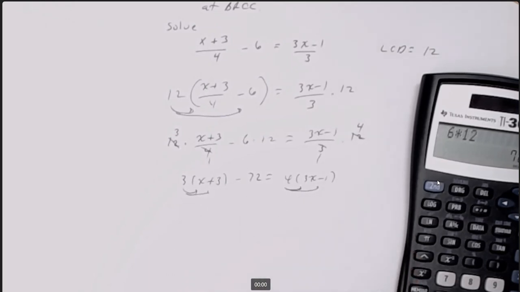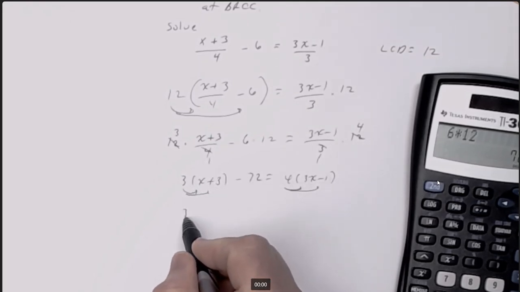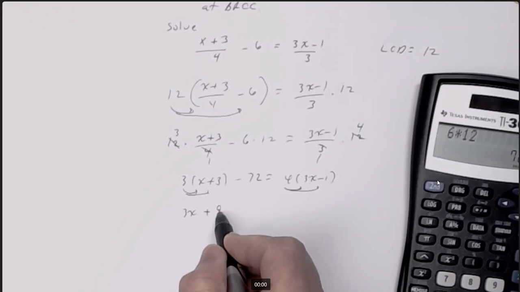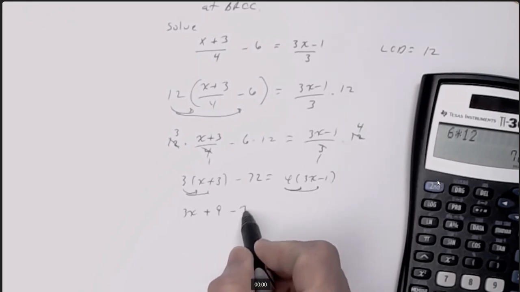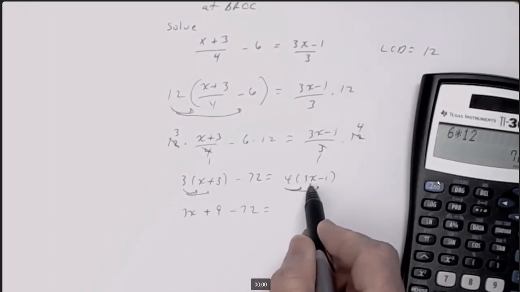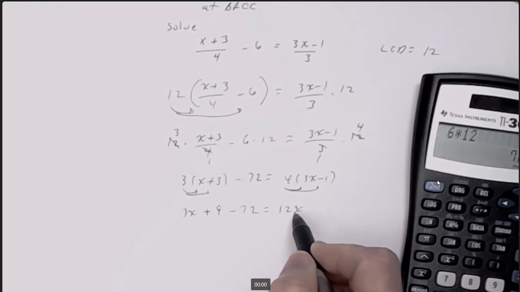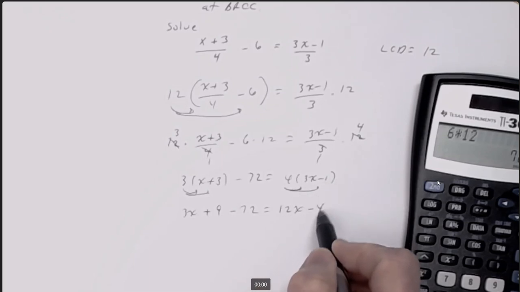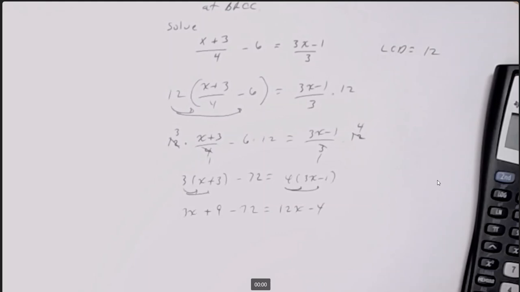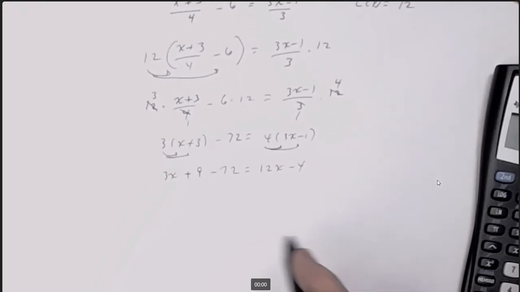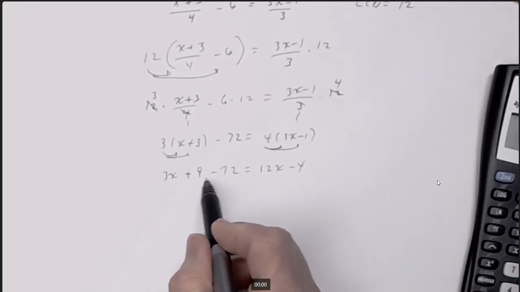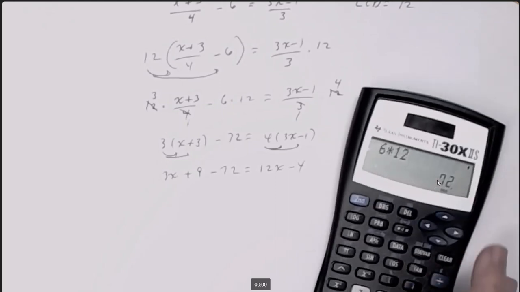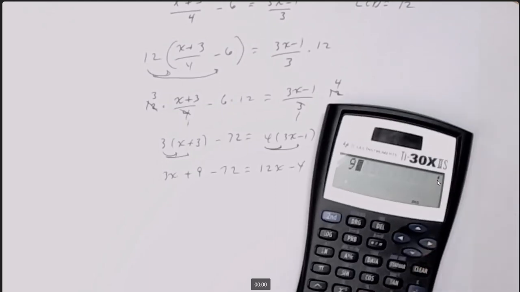3 times x is 3x. 3 times 3 is 9, so 3x plus 9 minus 72 equal, and then 4 times 3x is 12x, and then 4 times negative 1 is negative 4. At that point, you're going to combine like terms, the 9 and the negative 72. Use your calculator. 9 minus 72 is negative 63.